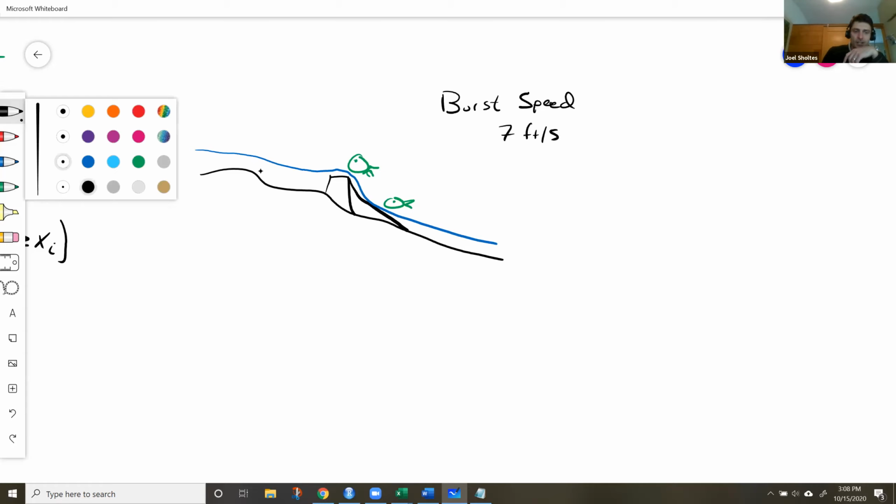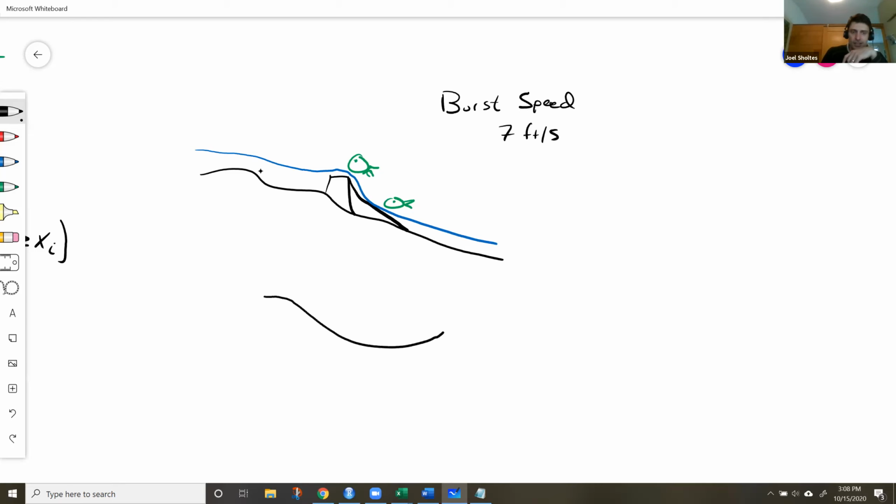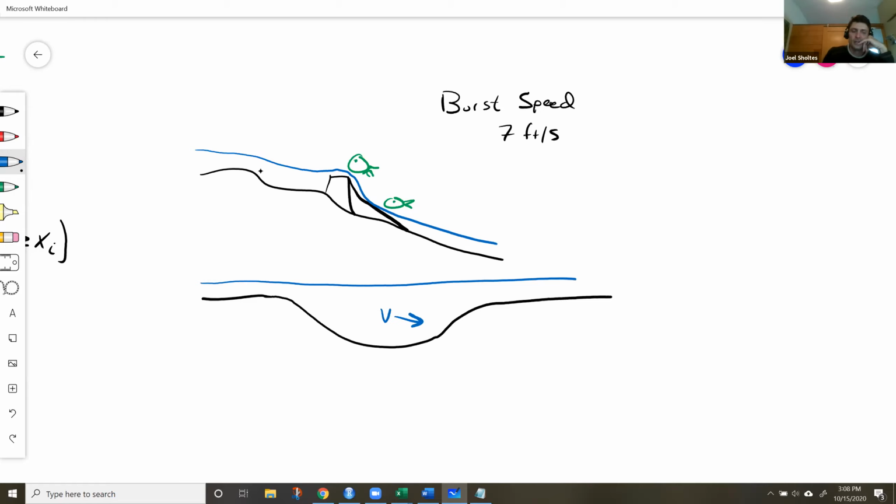I want to design this fish ramp, and maybe it's going to have some sort of cross section that looks like this over that weir. I could do a hydraulic model like HEC-RAS, or some basic cross section calculations to figure out what the velocity of the flow is going to be as a function of discharge, right? Velocity is going to be some function of the discharge, and we can do open channel hydraulics to figure that out.